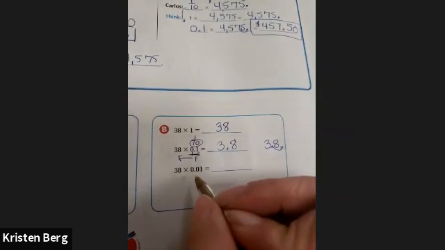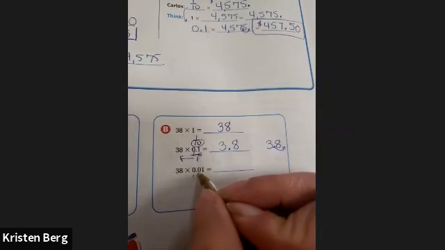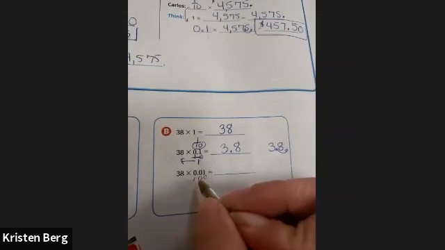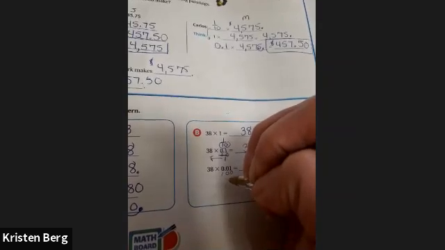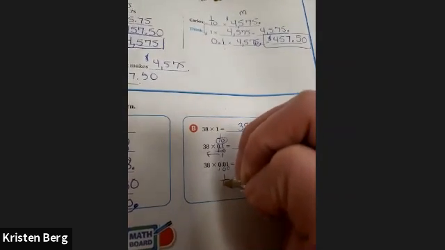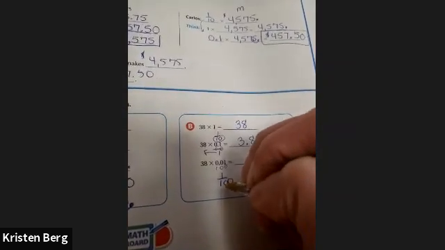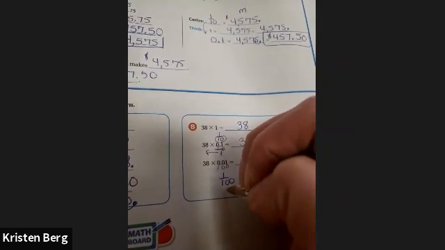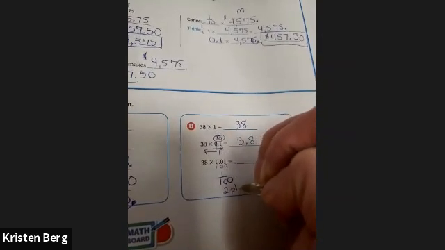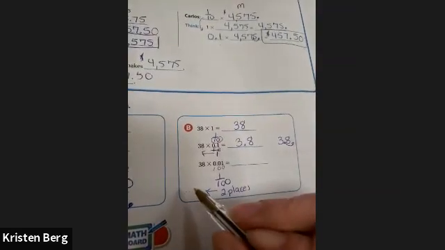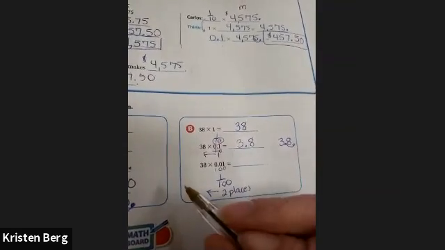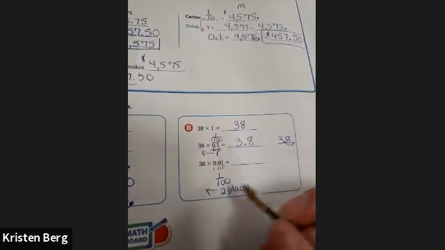All right, now this one, remember this one is saying 1 out of 100, 100th. So in other words, you're making it smaller by not just 1 place, but 2 places. So I'm going to just remind myself I need to move my decimal smaller, which means to the left 2 places.